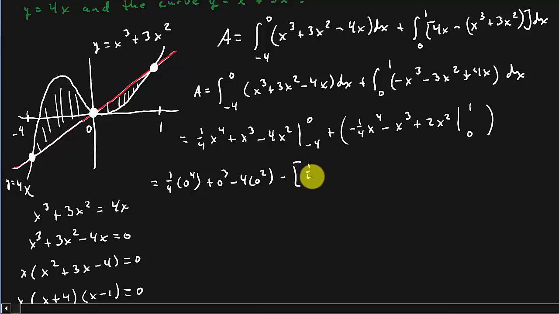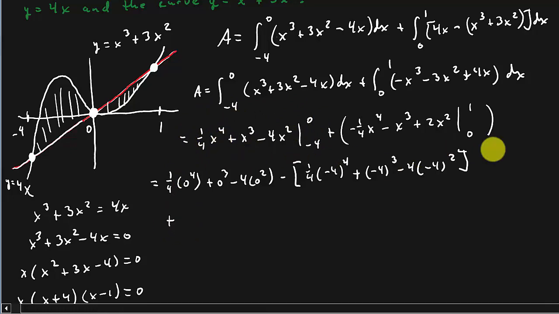So that's 1/4 times -4 to the 4th, oh wait a minute, no, plus, I was looking over here, it's over here, plus -4 cubed minus 4 times -4 squared. Okay, so that's for this first one here. Plug the 0 in, plug the -4 in.